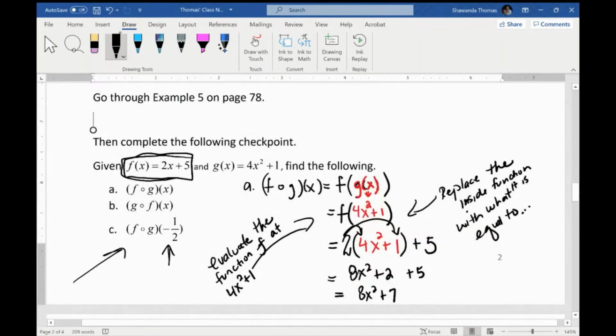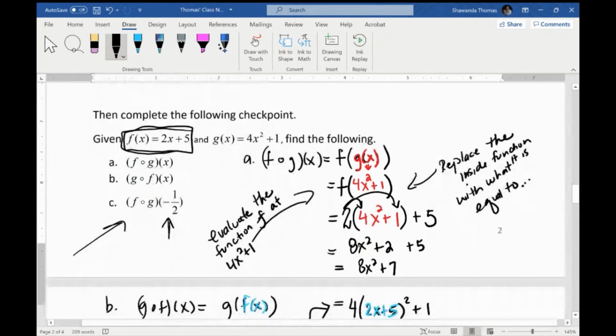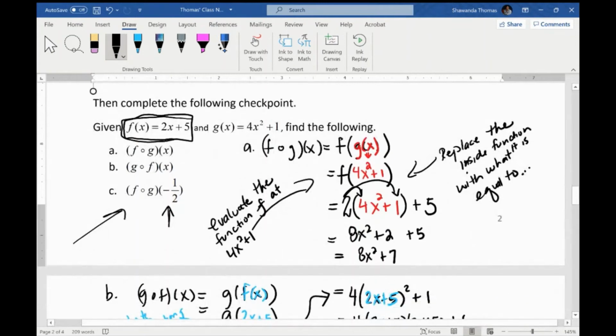Y'all see inside this parenthesis, this negative 1/2 is replacing what? The x. Now we already did A, so technically a lot of our work was done, because isn't that what the composition of f and g is? We got this part.